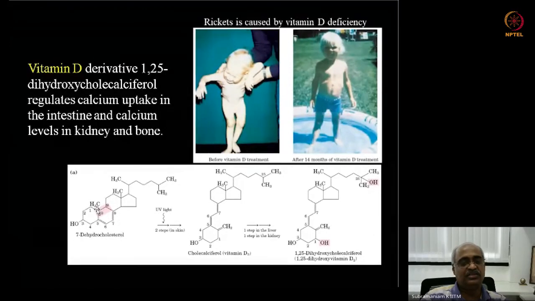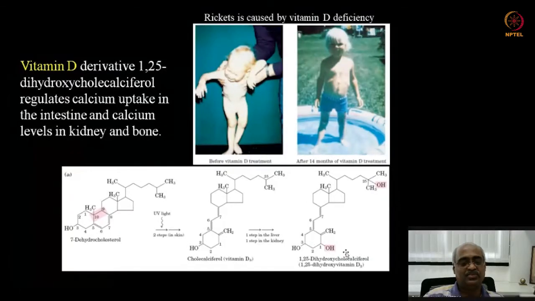This position is the one where the ring opens, and that is why it is shaded here, to create this intermediate. Then the hydroxylation leads to the active molecule. This structure, upon UV, is the reason the doctor tells you to walk in the sunlight at least for half an hour a day.